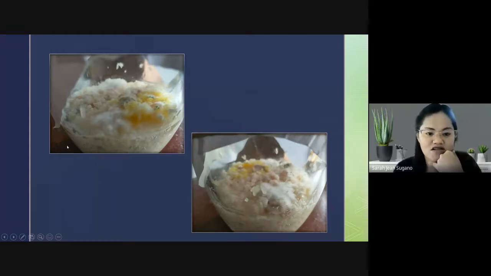So, at what particular day did you observe that there is already a growth of microorganisms, and what happened to the rice? Are there any changes of the form? Is it already watery, in liquid form? There are colors of microorganisms already present at the top of the rice. So, you will discuss it.